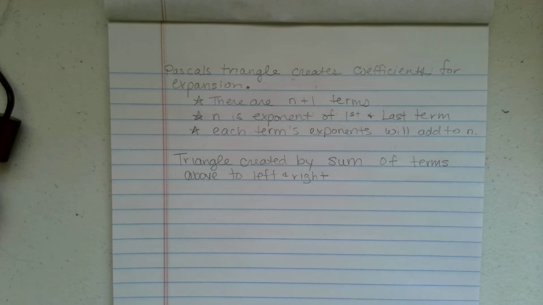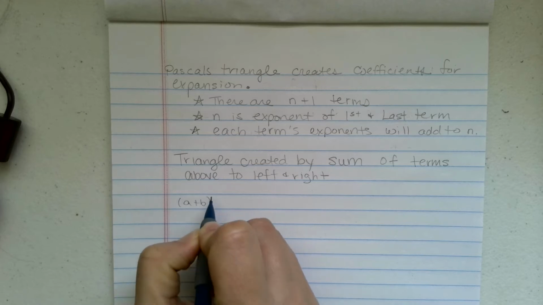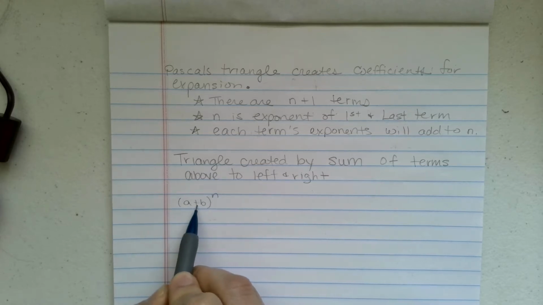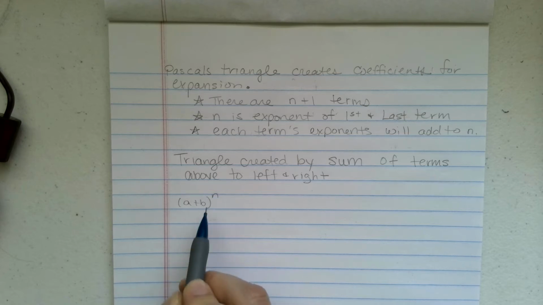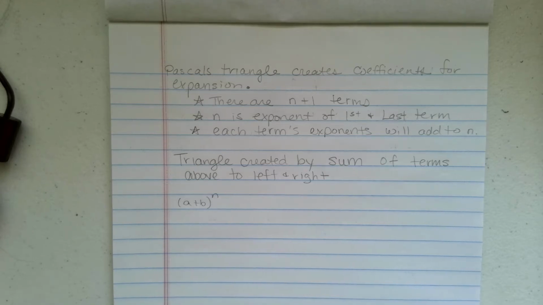So Pascal's triangle is something that was thought up years and years ago, but we can use it to help expand a polynomial with multiple identical terms. So you'll have a plus b to some power, and this could be 50, and we can use this to figure out that entire polynomial from the first term to the 51st term.